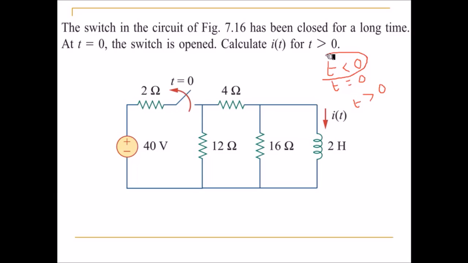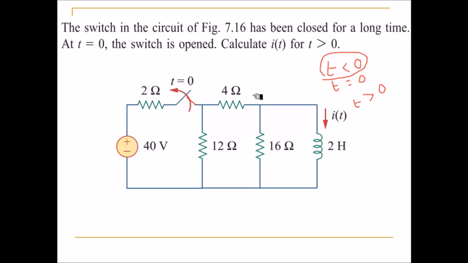When t is less than 0, as per the problem, the switch is closed and kept closed for a long time. So you have a voltage source and the circuit is closed, and current will be flowing through your 4 ohm, 12 ohm, 16 ohm and 2 Henry elements.